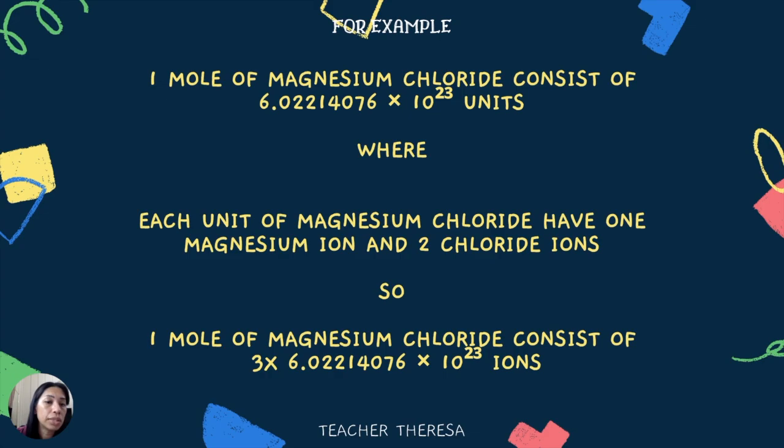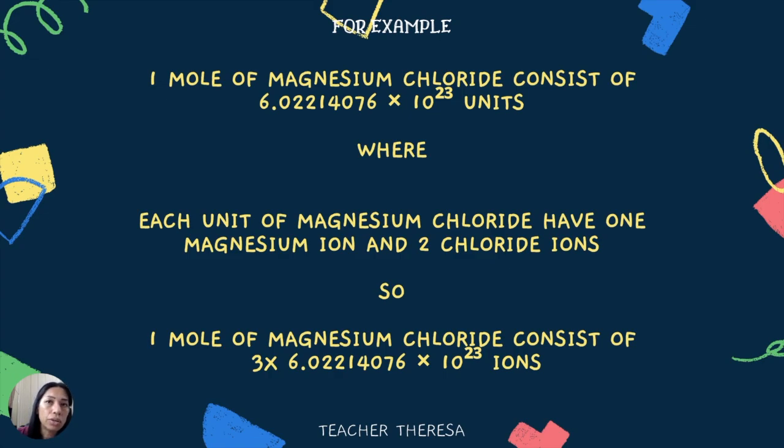Why is there 3 here? Because we already know each unit has 3 ions. You must understand that ionic substances are made up of positive and negative ions. So what is the total number of ions that make up an ionic substance? If you know the total, you can find the number of ions.